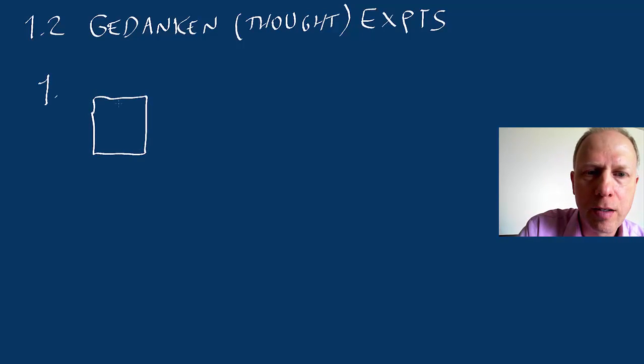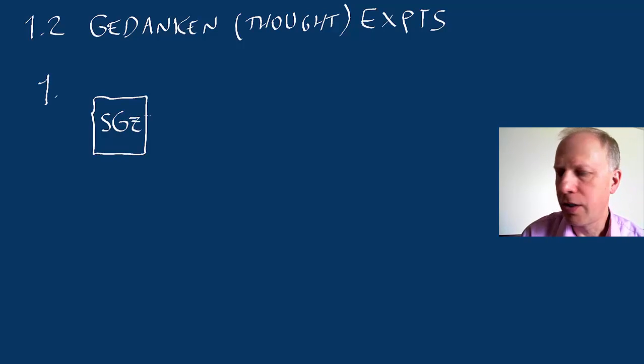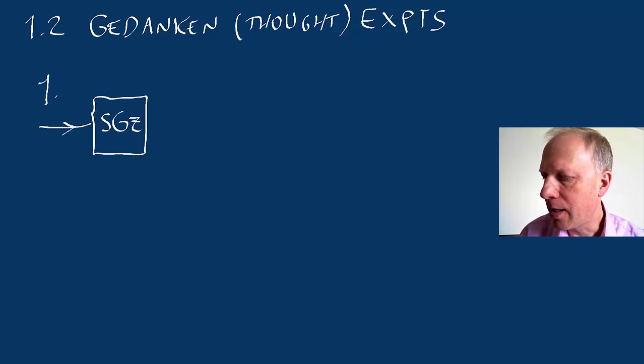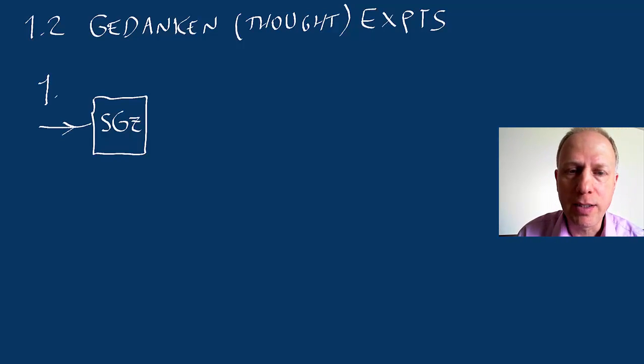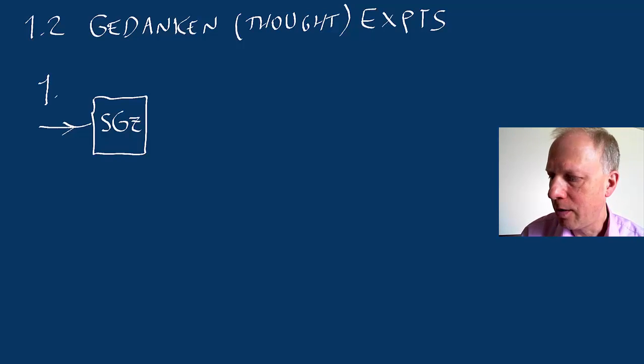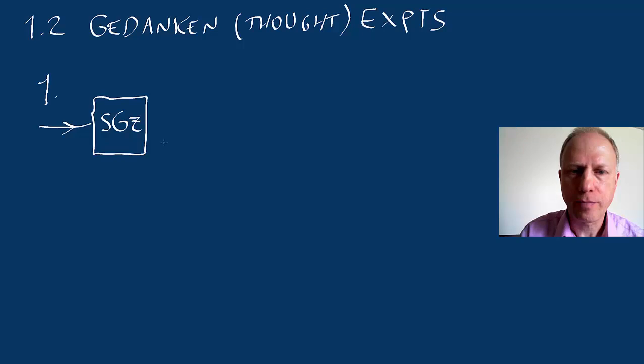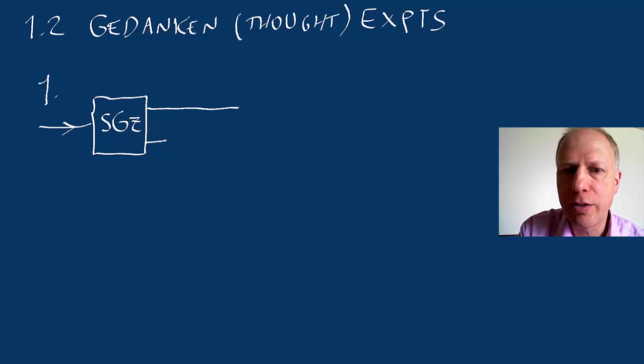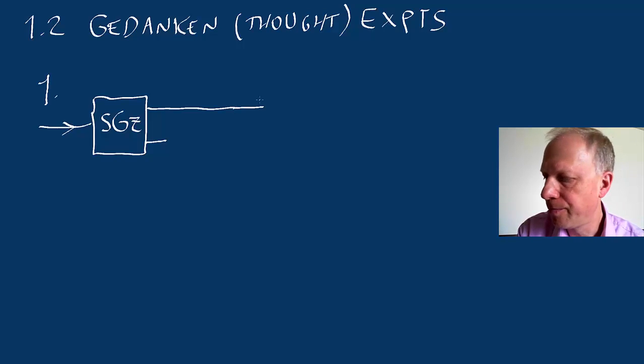We begin with an SGZ device, just like the kind we've been discussing. A beam of atoms comes in, and it splits the beam into the spin up and spin down parts. We're going to ignore the spin down part and take the spin up part of the beam and send it into another device.